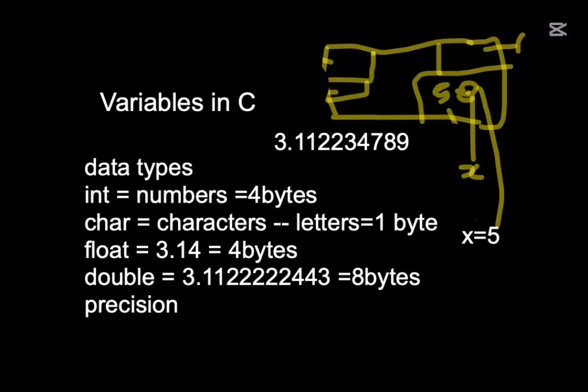So let's say I write X equals 5 without declaration. If you write something like this, it's not going to work. This is not accepted because C does not understand what X is.